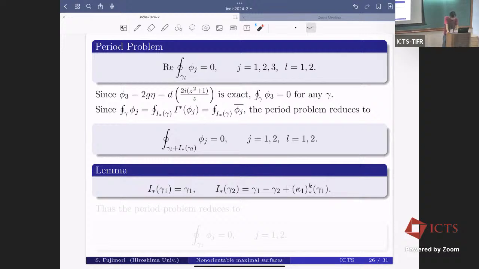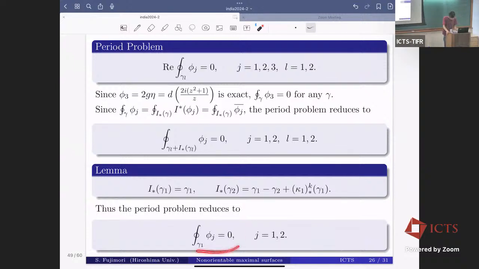So in the L equal 1 case, if we set L equal 1, then here 2 times L1. So this equal to 0 is just this equal to 0. And so we have this. And also in the L equal 2 case, here we have minus gamma 2.